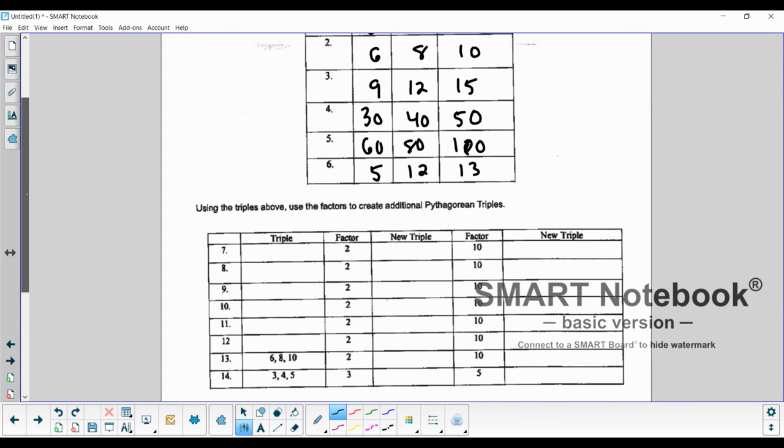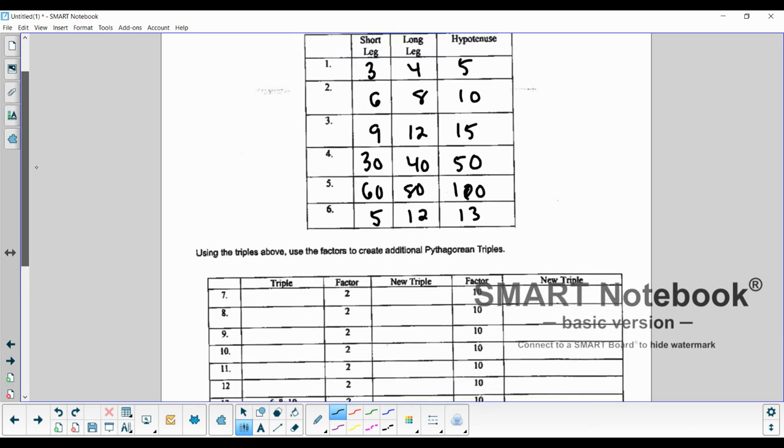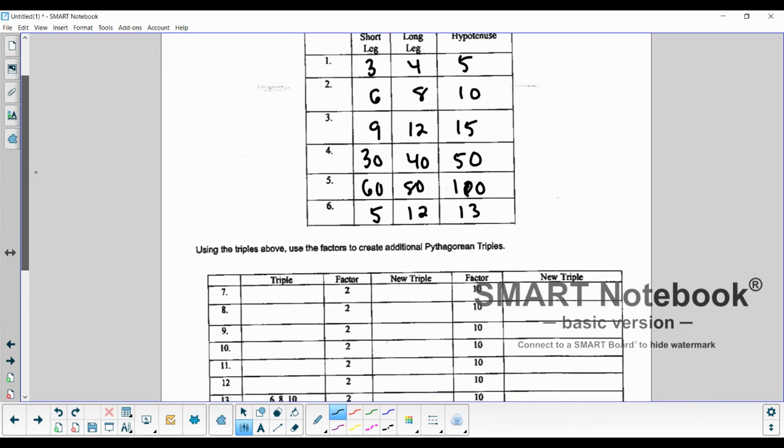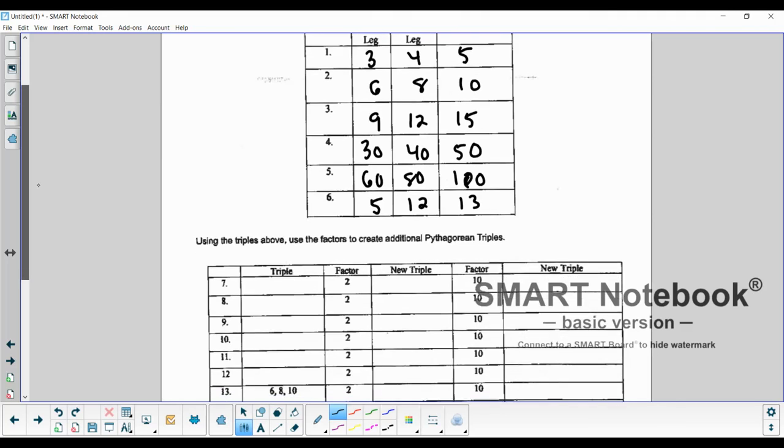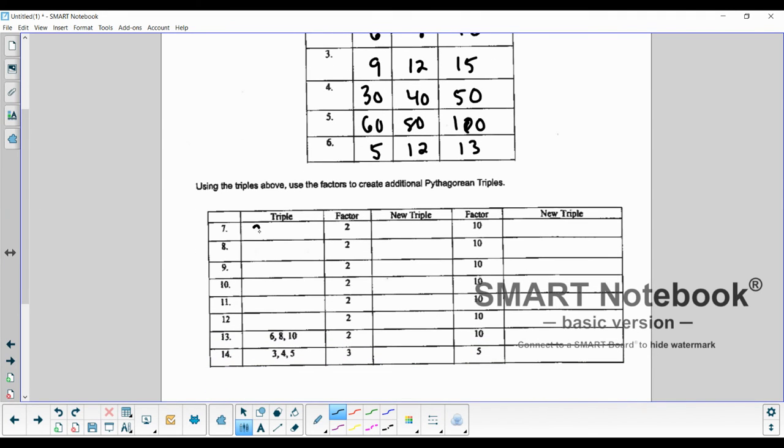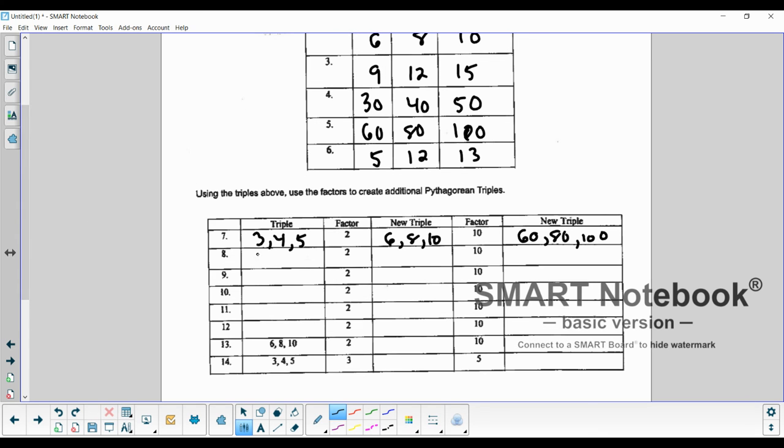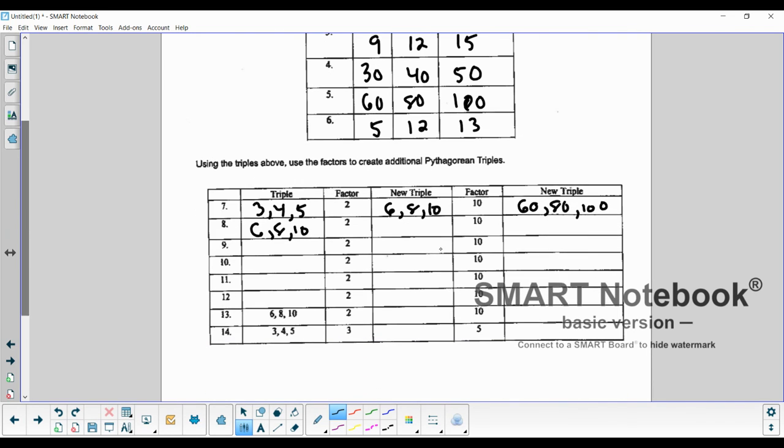So what they want us to do here is take the Pythagorean triples and find some new triples. So for instance, if I took 3, 4, 5 and I scaled it by 2, the new triple would be 6, 8, and 10. And then if I scaled it by 10, the new triple would be 60, 80, 100. If I took the Pythagorean triple 6, 8, 10 and doubled it, I would have 12, 16, 20.